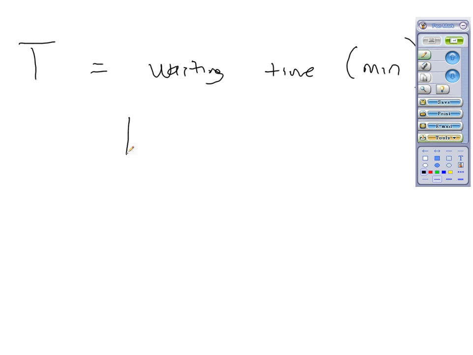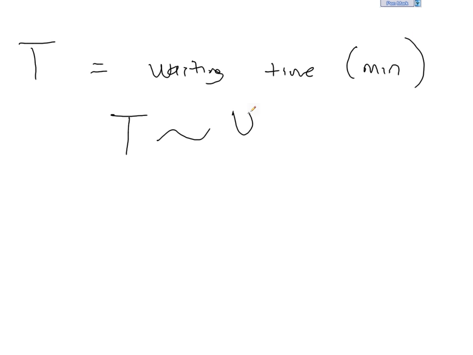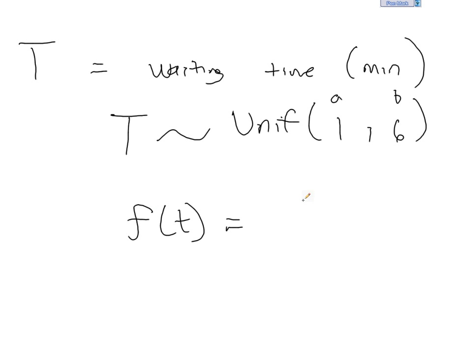We usually write it like this: the time is distributed uniformly with A and B in parentheses. So let's say that waiting times range from 1 to 6 minutes. That means that my function, which I'll just call f of t, would be 1 over 6 minus 1, which is 1/5, which is 0.2.